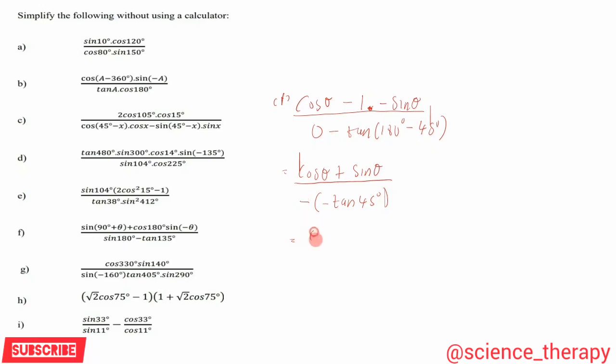Then we'll be left with cos theta plus sine theta, and what is negative times negative? That's a positive. But what is tan 45 degrees? That's 1. So cos theta plus sine theta over 1 is equal to cos theta plus sine theta.